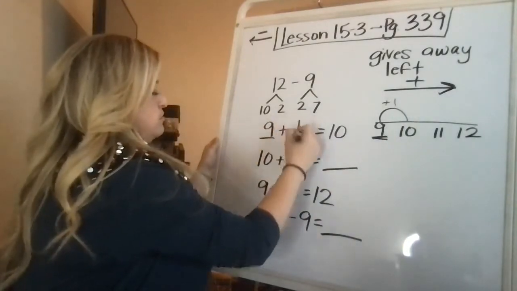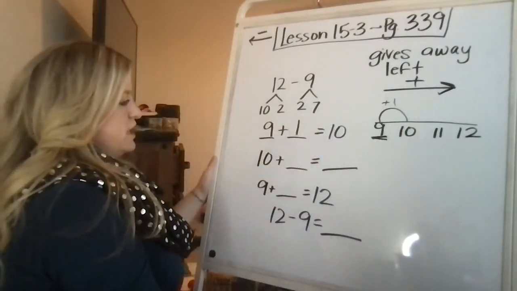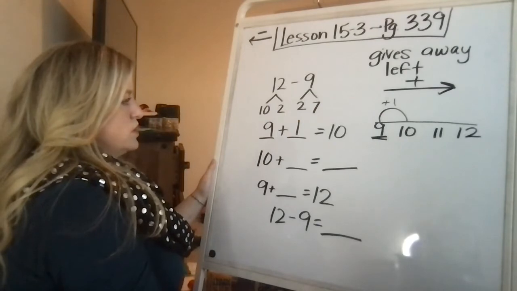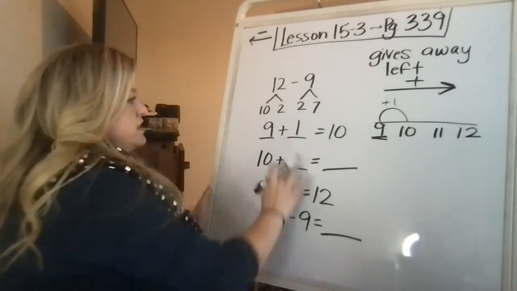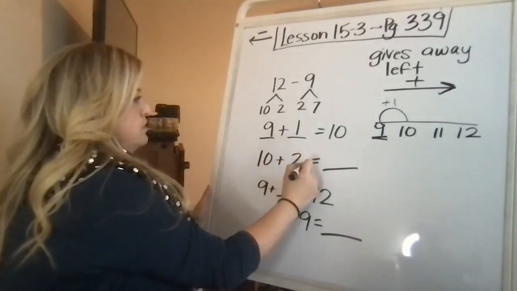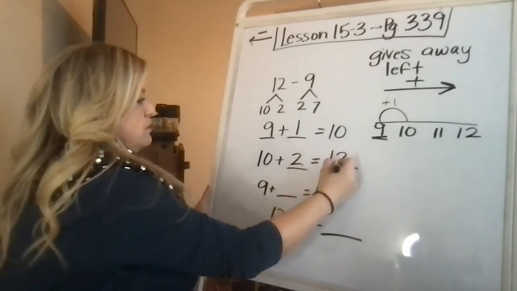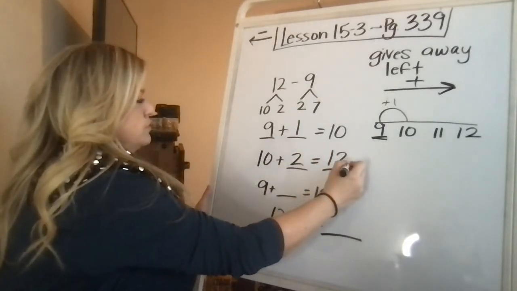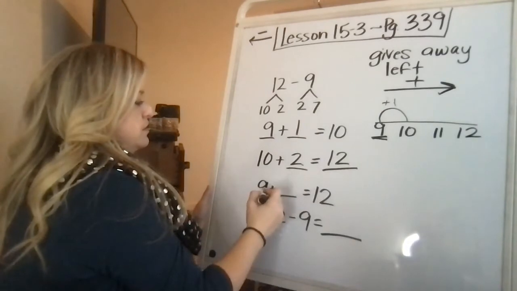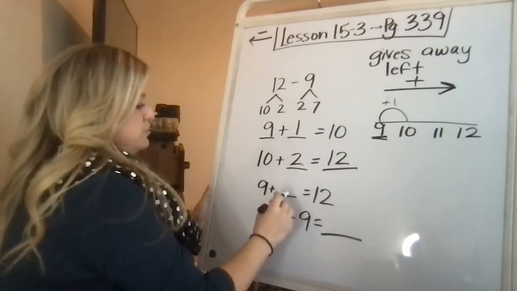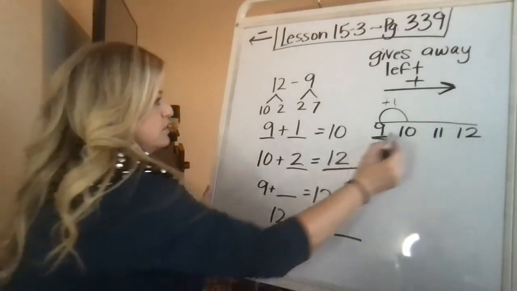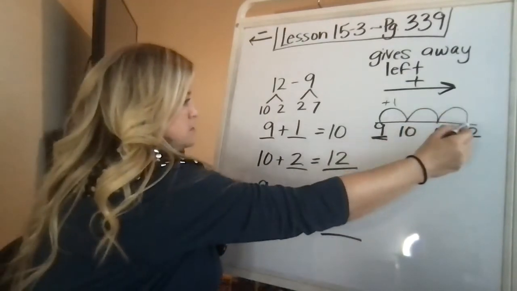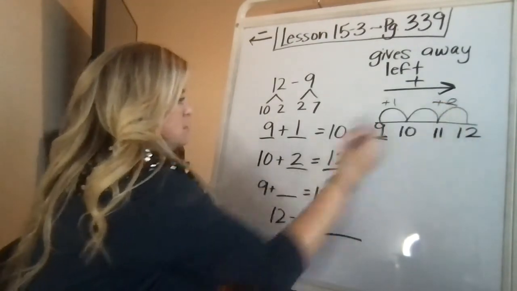So 9 plus 1 makes 10. And then 10 plus 2 equals 12. And then 9 plus, so then I go 1, 2 plus 2.